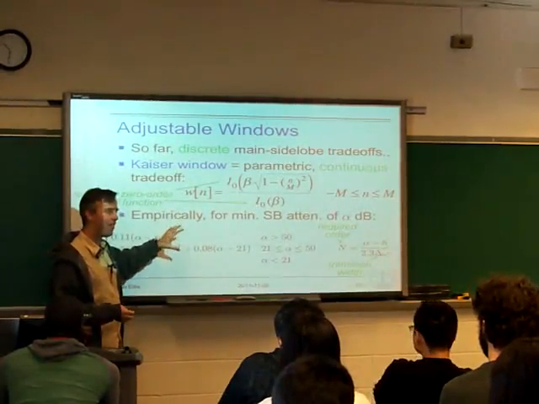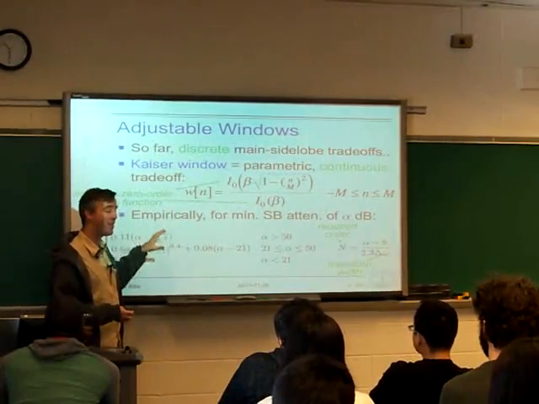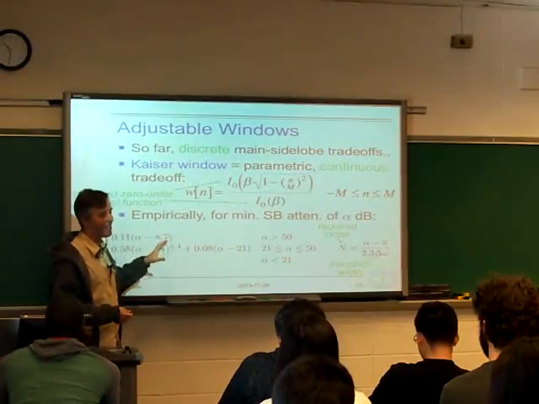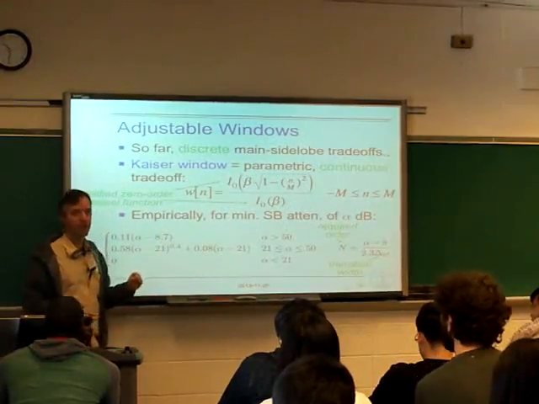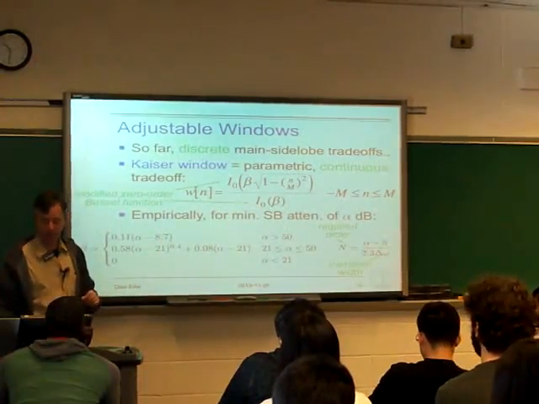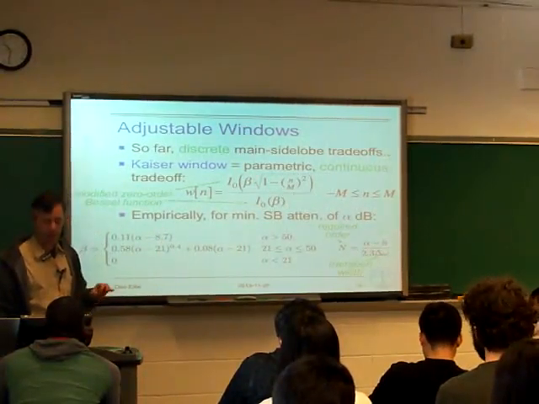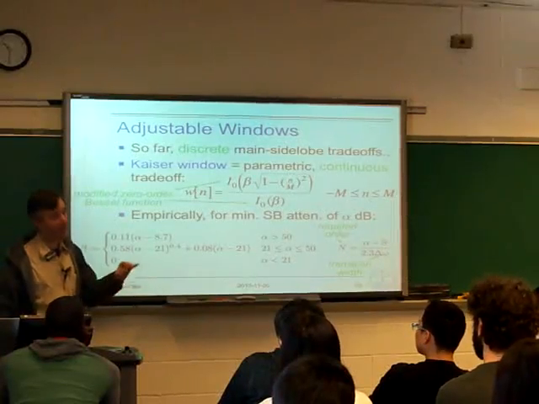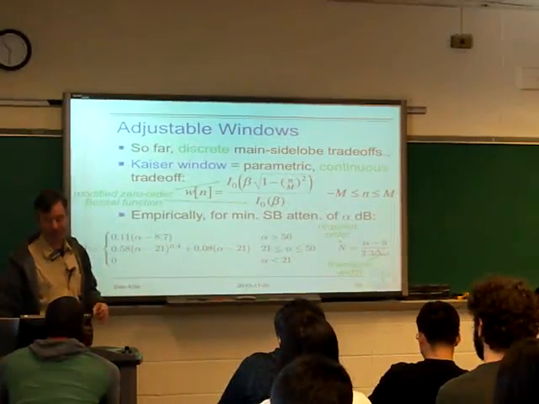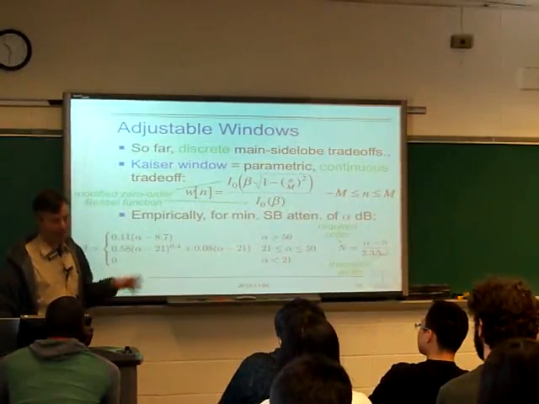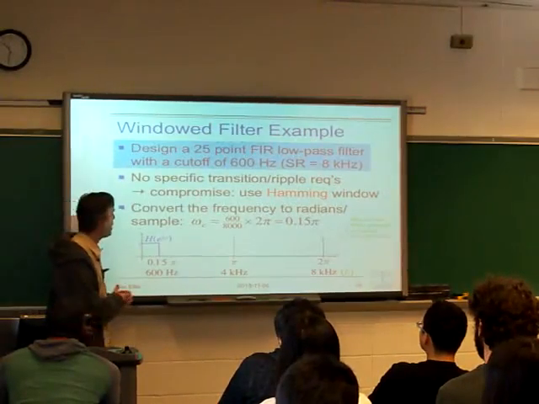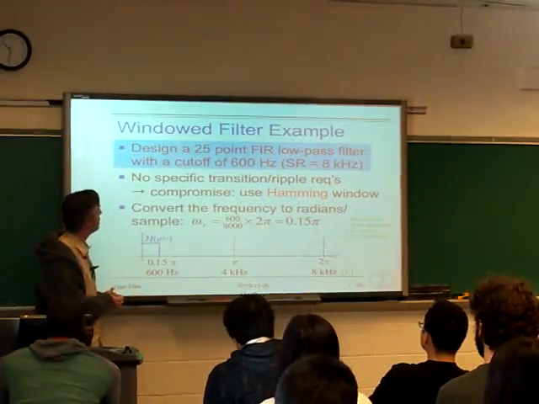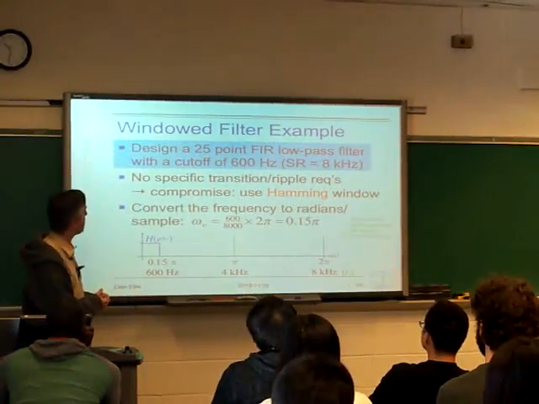If you're only using a windowed impulse response, then it's kind of a quick and dirty thing anyway, so just using a simple cosine is normally enough. Because if you really want a good filter, you're going to do what we learn next, the iterative design. But let's just do an example of using this windowed filter process.